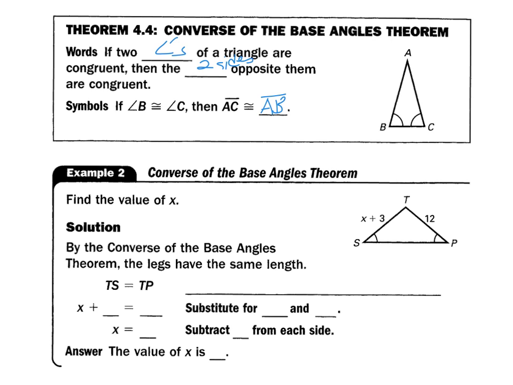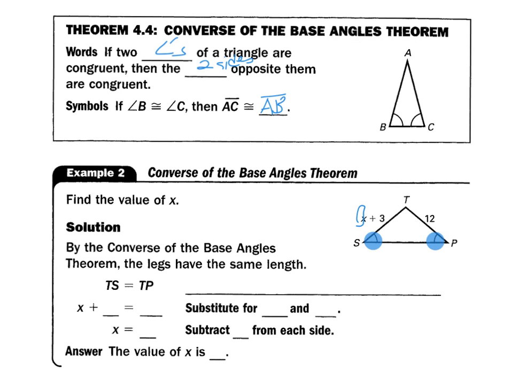And let's look at an example here. We have to find the value of x. It would be nice if we knew that this is equilateral, but I don't know that. It's not given. But what's given is that these two angles at the base are congruent.